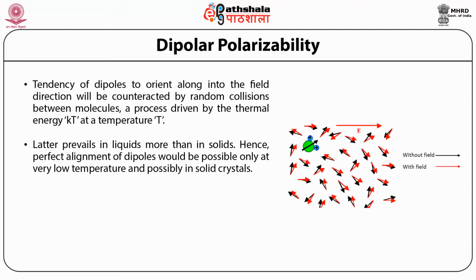As a result of intermolecular collisions and thermally induced random movements, the dipoles do not completely align themselves along the field unless the field is extremely high. So basically, the configuration of dipoles looks something like the bottom figure shown in this slide.